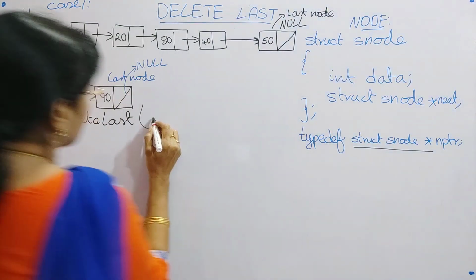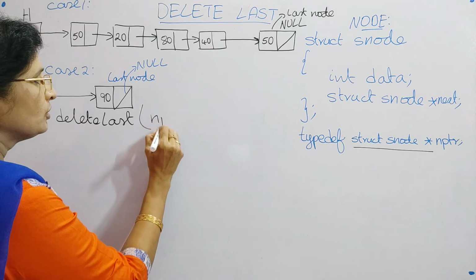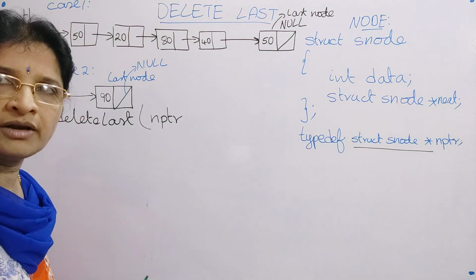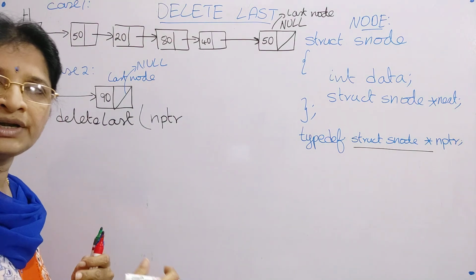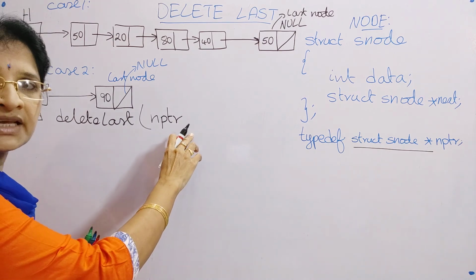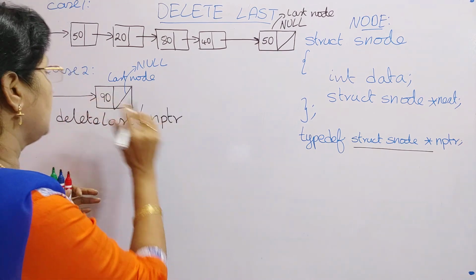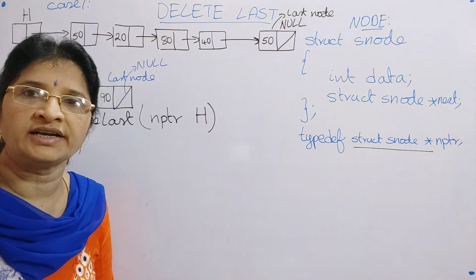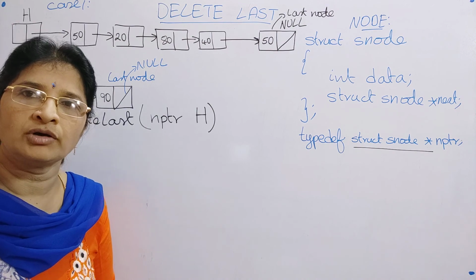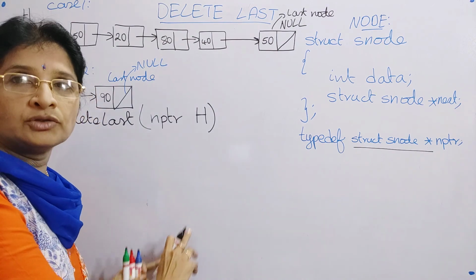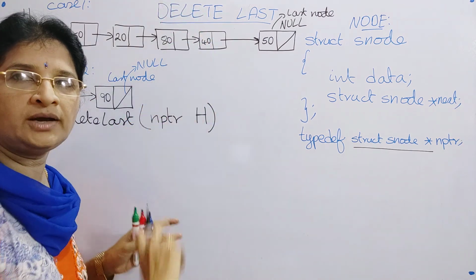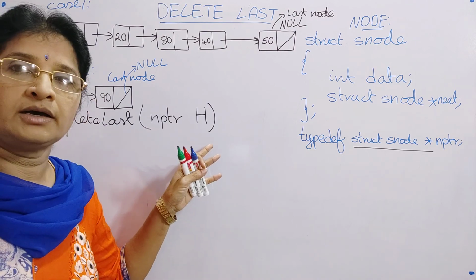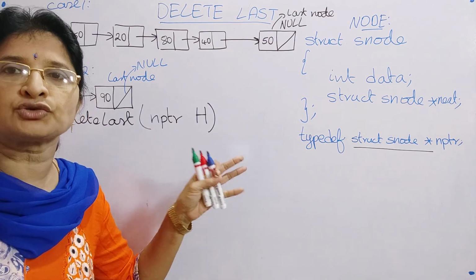So now, as the data type of your pointer, you can give nptr. So the data type of the header node, or your linked list node, is nptr, and the variable is H. Since H is a pointer, whatever modifications we do in this function will be reflected to the calling place, because always pointers are passed by reference to the functions.